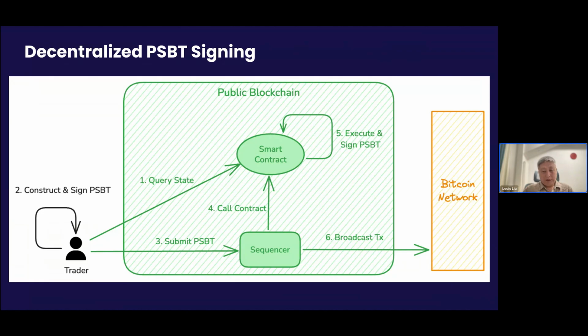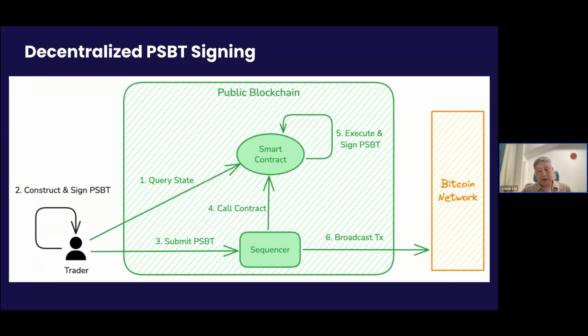So the paradigm would be: the trader gets a quote from the smart contract, and upon the result, the trader can construct a PSBT and sign his input with his wallet, and then the trader submits the PSBT to a sequencer. This sequencer is a coordinator of the whole process. The sequencer will call the smart contract.